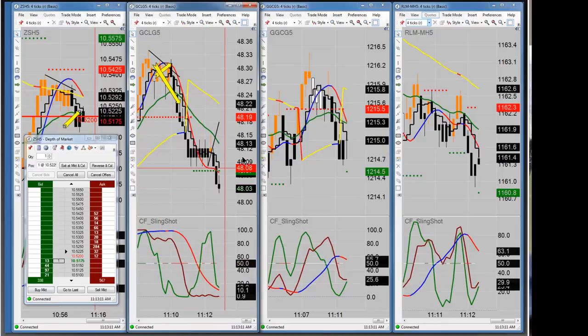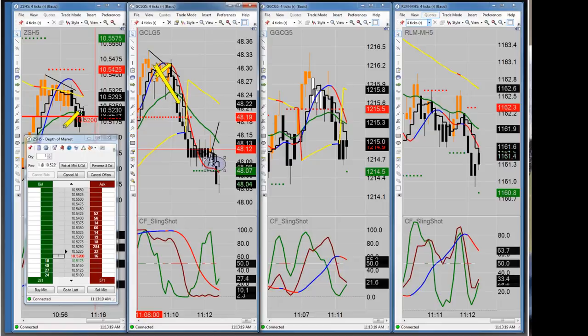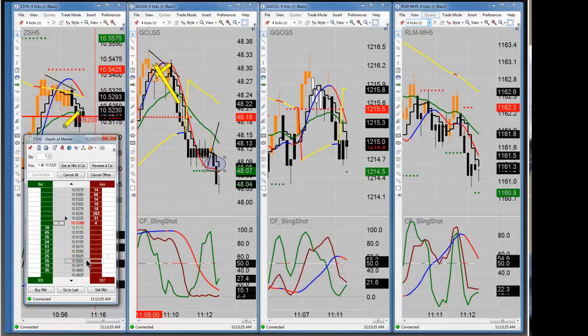And that down close right there was a close below the trend line with bearish divergence. I should have gone short, but I was not looking at it. It's right there. Okay, make sure my stop's in the right place on this. It is a tick stop on that soybean trade.